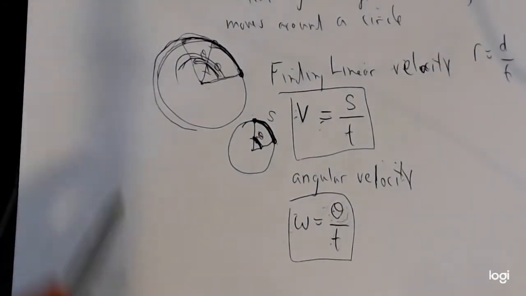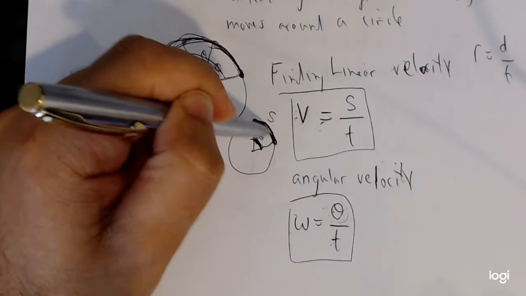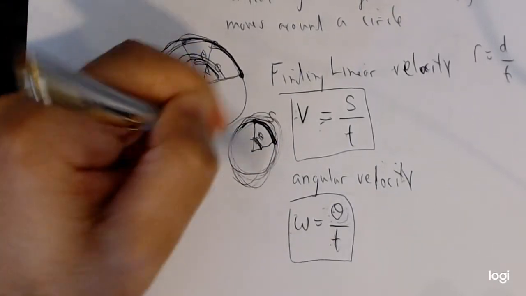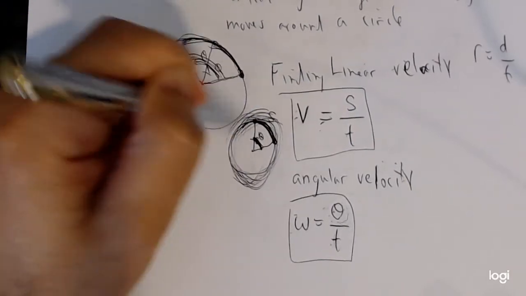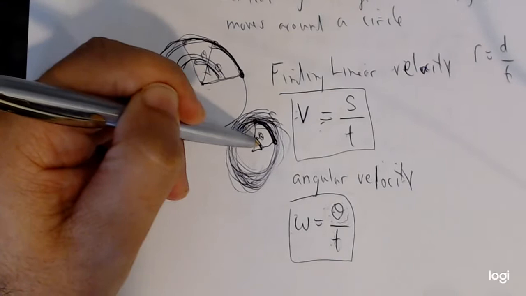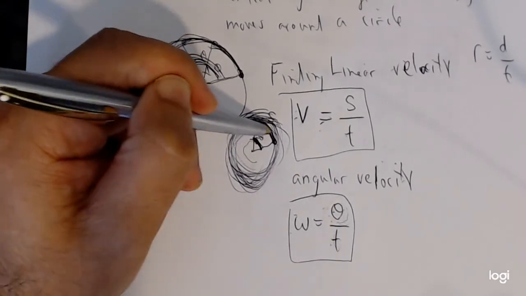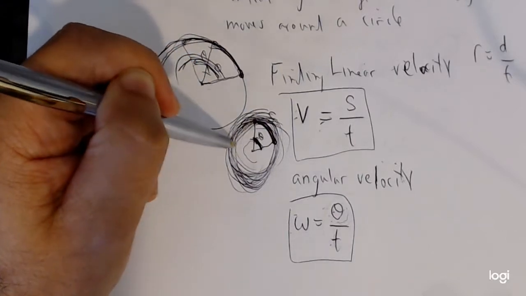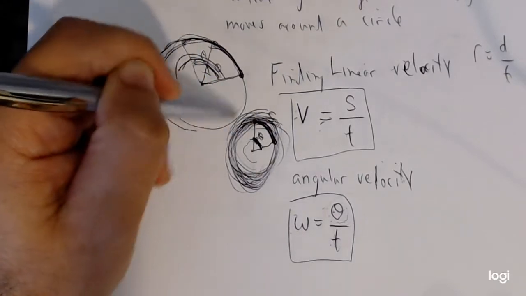Now, as I mentioned earlier, as the point moves around the circle, if it moves faster, not only is its linear speed increasing, but its angular speed is increasing as well, right? Because if I travel faster, then this middle angle is changing faster. If I slow down, the central angle, the rate at which it's changing, also slows down.